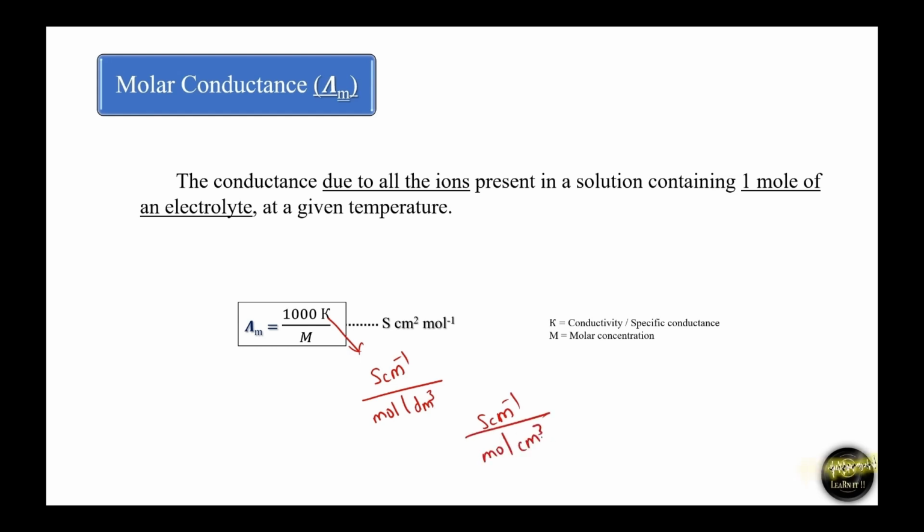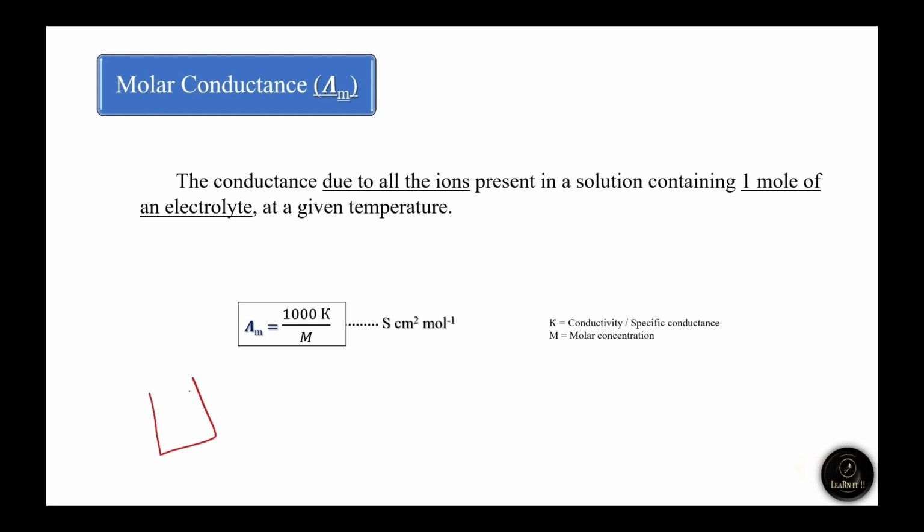Now this cm cube goes up: Siemens per centimeter into cm cube divided by moles. So 1 centimeter cancels, and that's why Siemens centimeter square per mole is the unit of molar conductance.